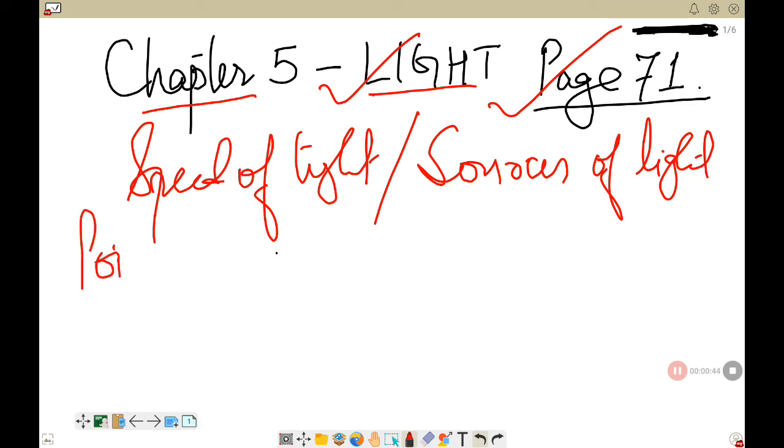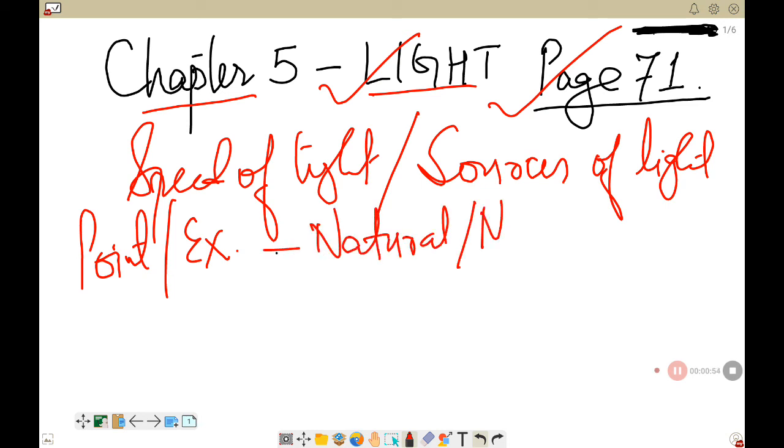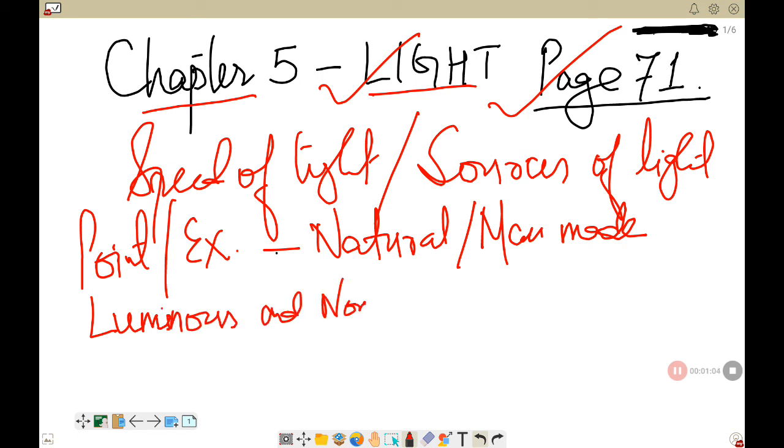We have learned about point and extended sources of light, natural and man-made sources of light. We also learned about luminous and non-luminous bodies. These are the things that we have already covered in this chapter.